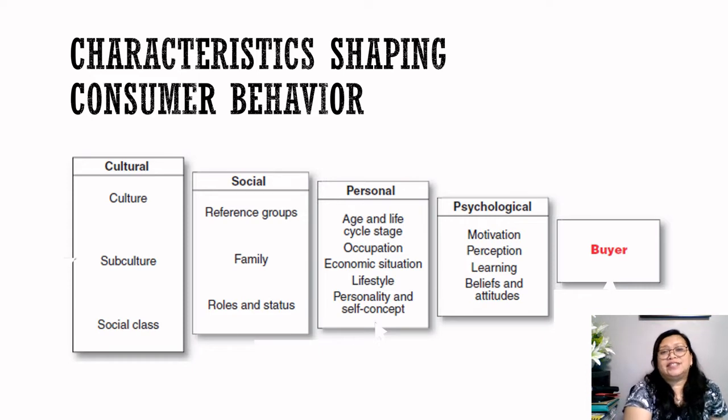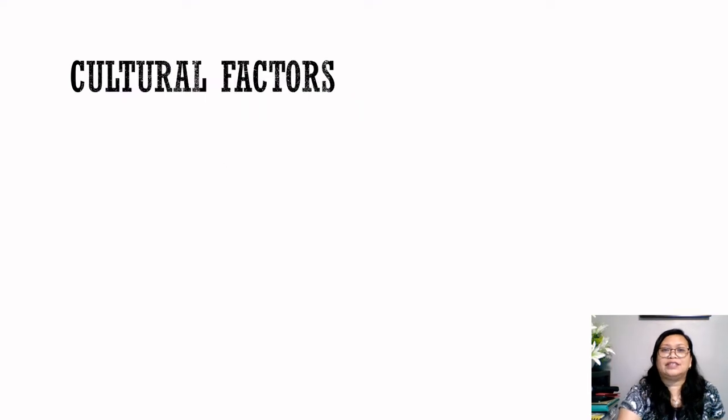Consumer purchases are influenced strongly by cultural, social, personal, and psychological characteristics. For the most part, businesses and entrepreneurs cannot control these factors, but they must take them into account.